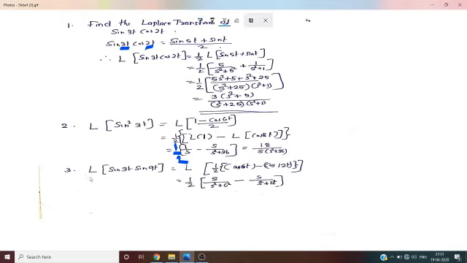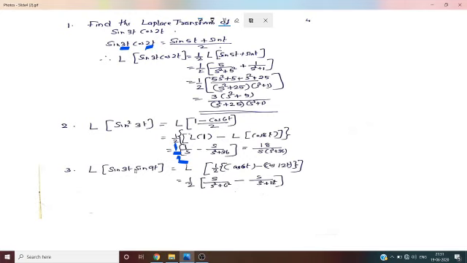Now the next problem, the Laplace transform of sin 3t into sin 9t. Here sin a sin b is half of cos(a-b) minus cos(a+b).